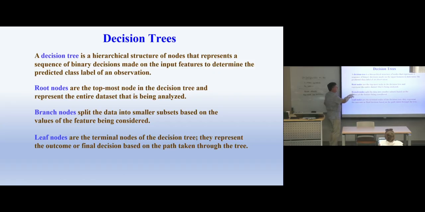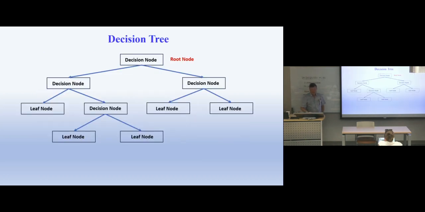Your root node's the top. That's the entire data set. Branch nodes split the data based on one feature. Remember, it's binary. Then your leaf nodes are the terminal nodes. Now, what do you want down here in the leaf nodes? Boy, you'd love for them to be pure. You'd love them to be just one classification or the other. They're not going to be, but that's okay. So that's what it looks like.